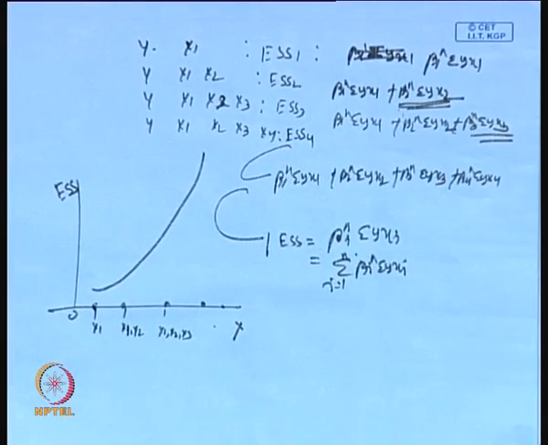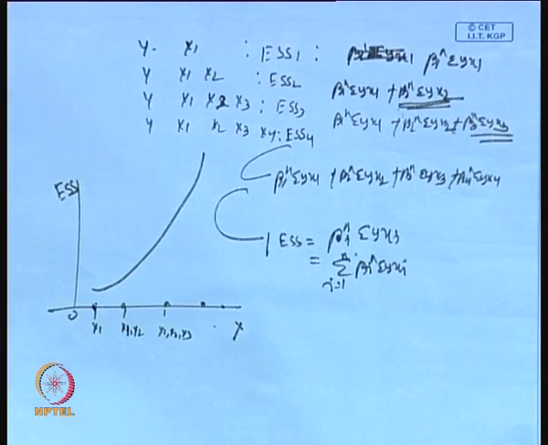So, our conclusion is that when we add one variable after another, ESS cannot be constant, it will increase at an increasing rate. At the same time, TSS will remain the same.